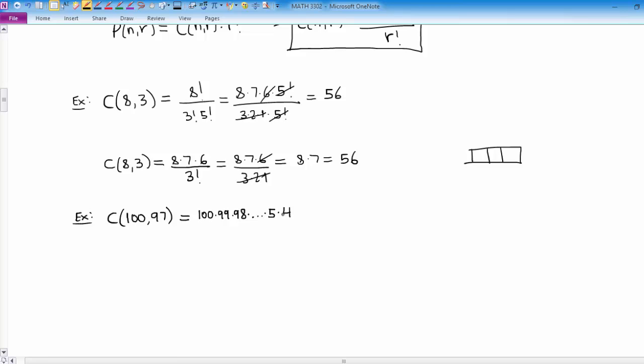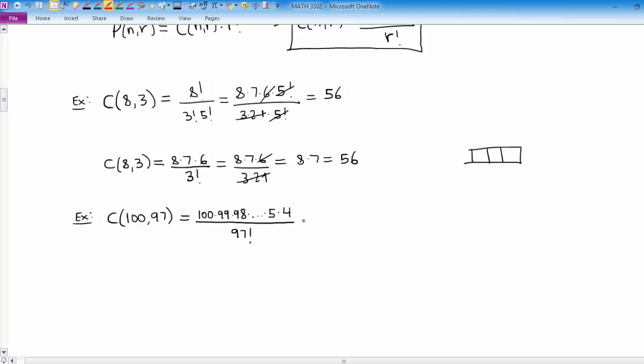Now, that expression by itself gives me the number of permutations. But for permutations, the order is important. In order to get rid of the order of the permutation, so we can find combinations, we divide that by 97 factorial. And then here, we can easily recall the completion of the factorial. I don't need to write the expression again.